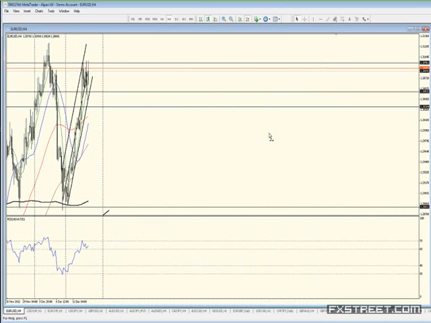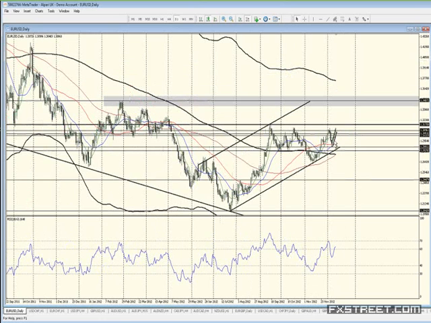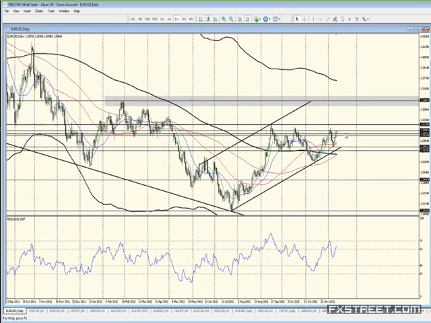If it does extend, let's go back to the daily chart, and this is where we start looking at this in a higher degree than your intraday charts. Okay, what we have is some resistance here, 1.3170, 1.3150 area, our August, or actually September high here.